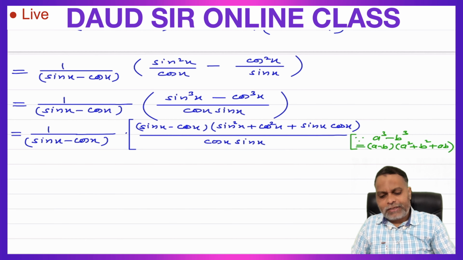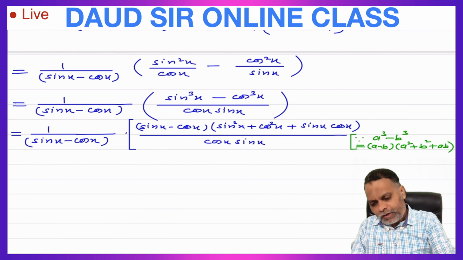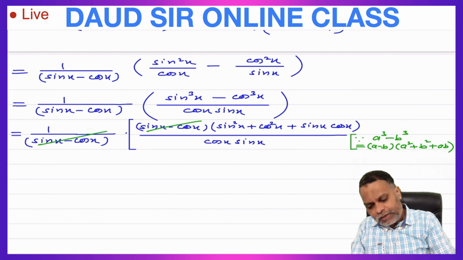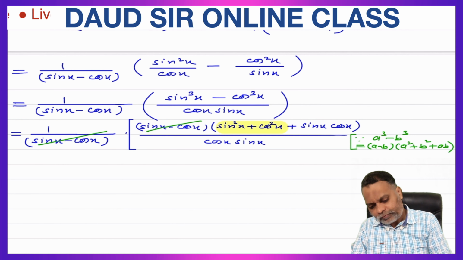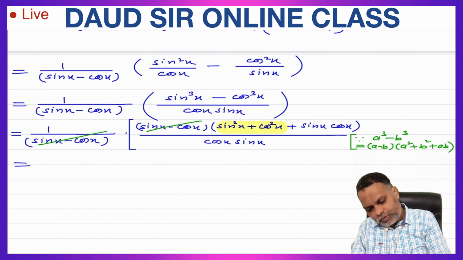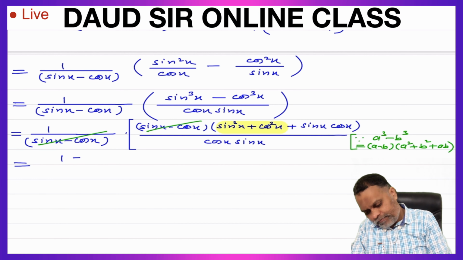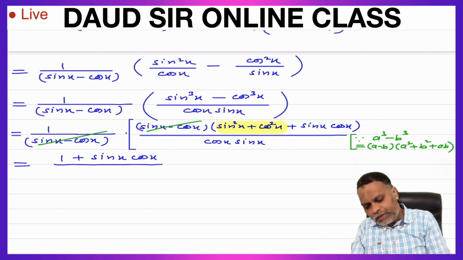We can simplify this. Now this sin x minus cos x bracket and sin x minus cos x cancelled, and this sin square x plus cos square x can be written 1. This is Pythagorean identity. So which is equal to 1 plus sin x into cos x upon cos x into sin x.